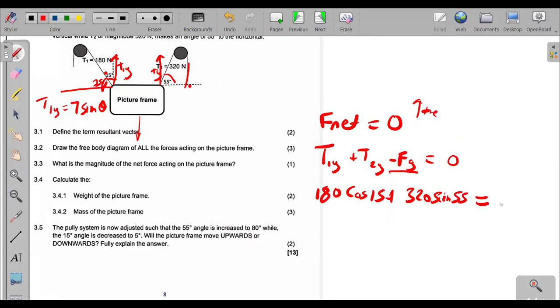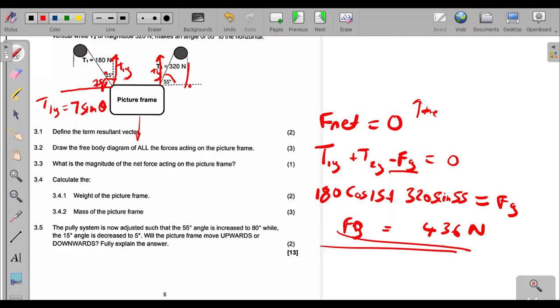Simplifying that, Fg, the gravitational force, which is our weight, is equal to 435.9953029, which is 436 Newton, rounded off. So that's our Fg there.